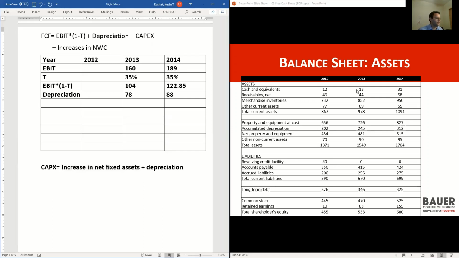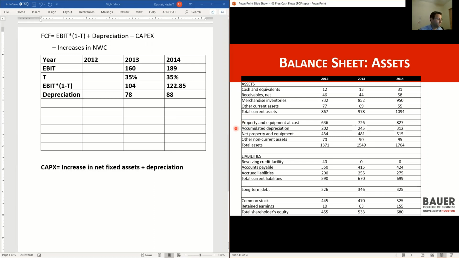So we look at 2013, and we need to see, do our net fixed assets change? Well, where are the net fixed assets in our balance sheet? Here are the assets. Fixed assets are long-term assets, so they're not at the top here. These are all short-term. We've got to be down at the bottom.